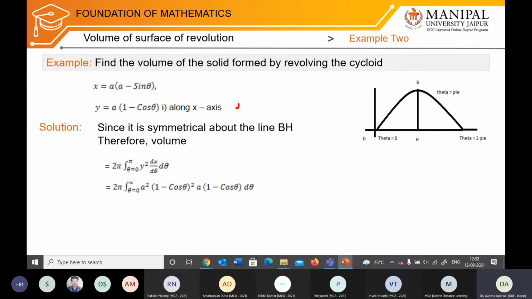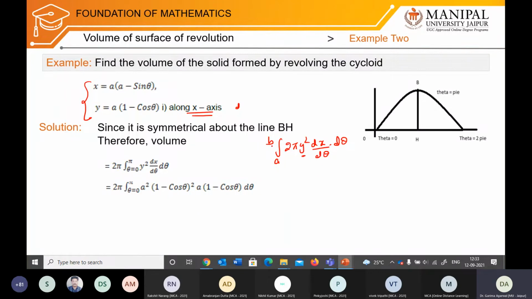Now we need to find the volume of the solid formed by revolving the cycloid. This is the standard equation of cycloid along x-axis. The equation is in parametric form. X is a function of theta, y is a function of theta. And along x-axis, that means integration pi y square dx by d theta into d theta, a to b. So we have the value of y square, we can find dx by d theta.